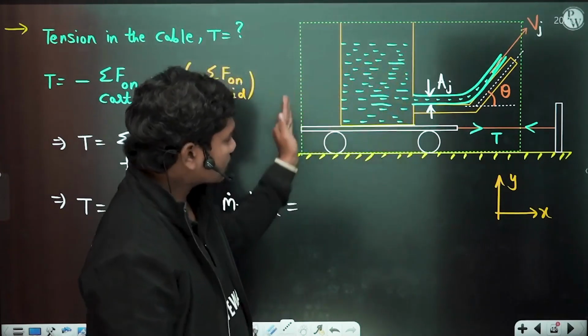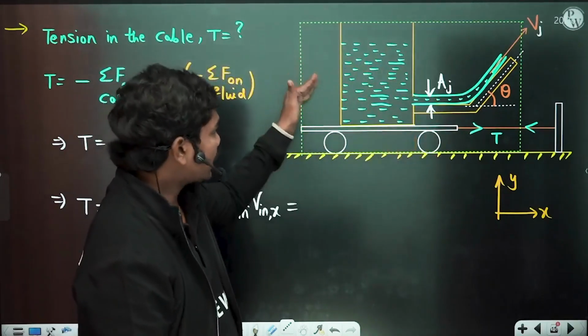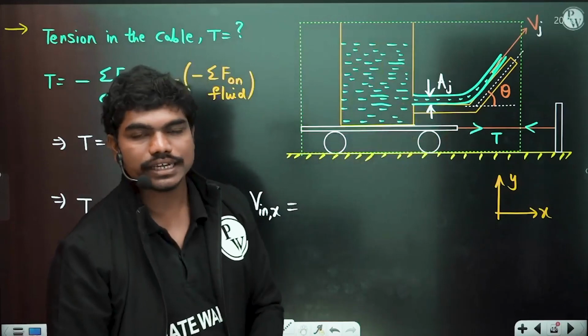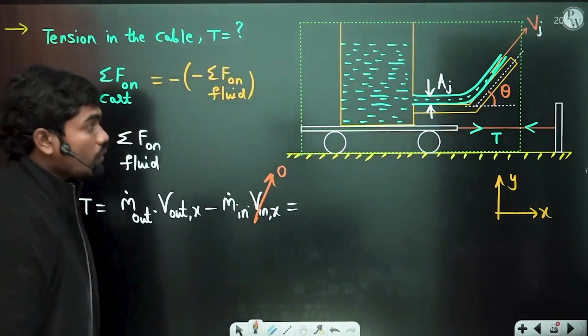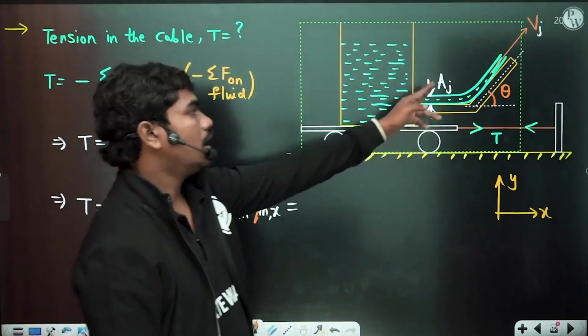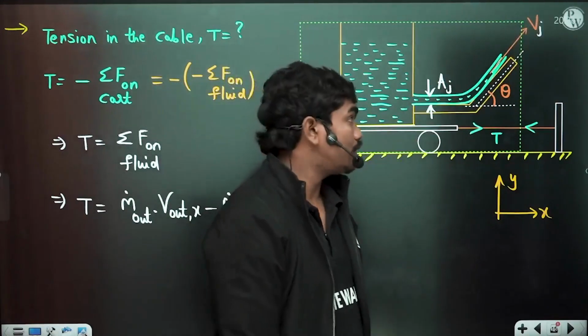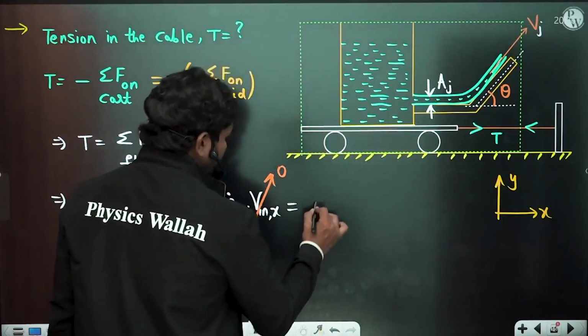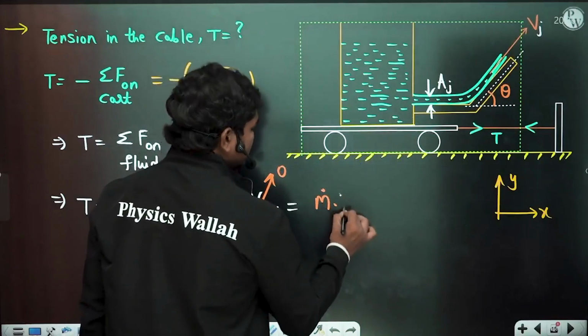So if you take the control volume such that the complete cart is in the volume, is there any inlet velocity in the x direction into the control volume? This is 0. Okay, there is no inlet velocity into the control volume, but out of the control volume, yes, this fluid will go out. So whenever the fluid is going out of the control volume, m dot times V is practically present.